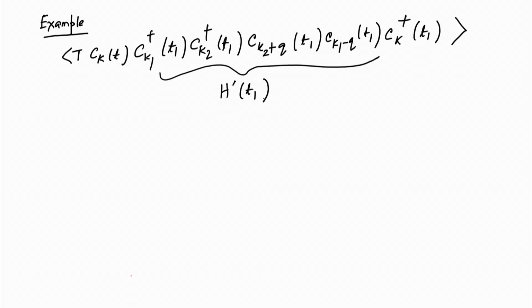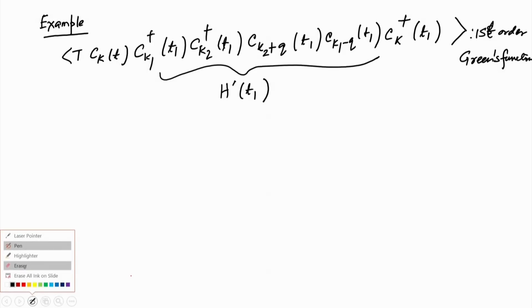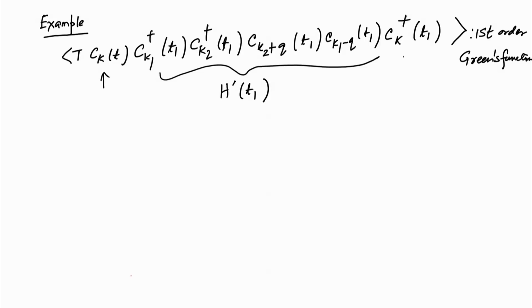So, we have written down a first order Green's function, containing one H prime, one annihilation operator here and a creation operator here.